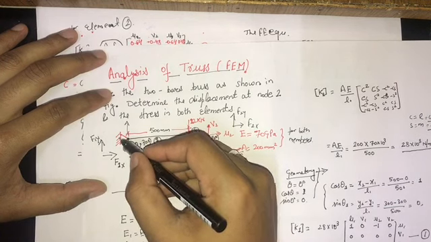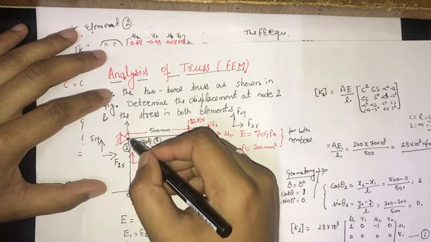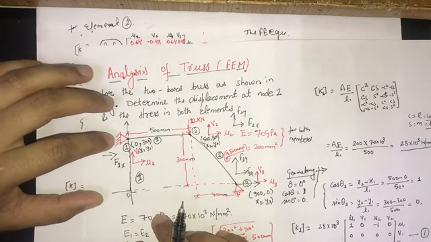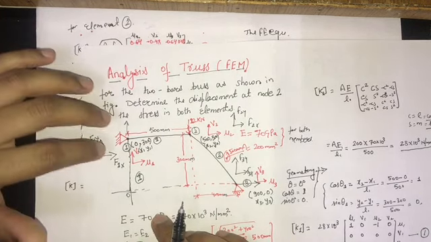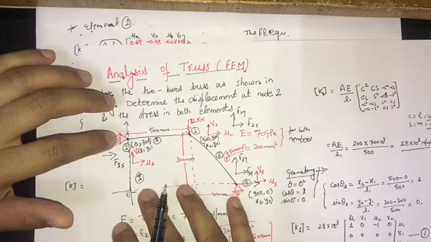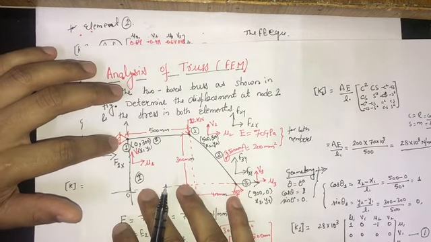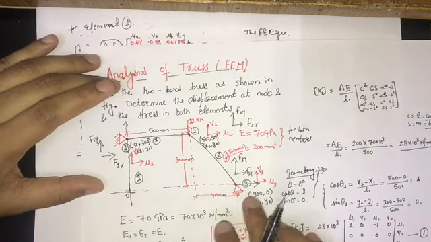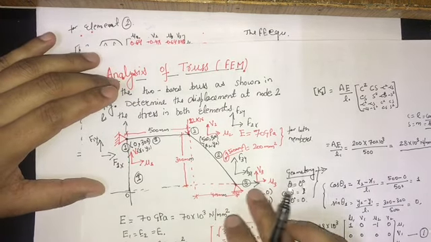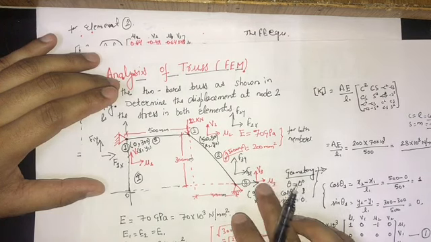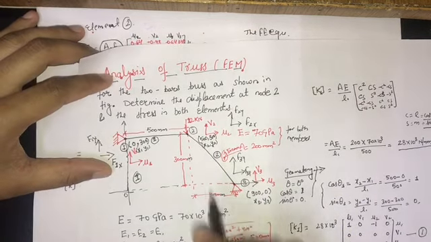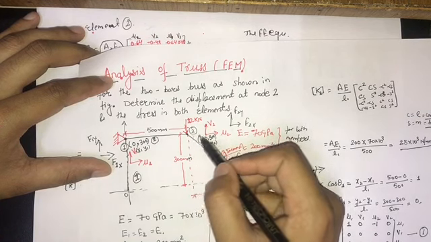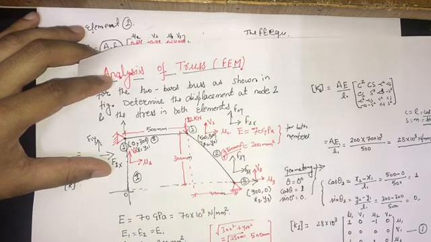If it is a roller support, then there is some vertical displacement, because a roller can slide in the vertical but not in the horizontal. So that will be the concept here. So here U1, V1 is 0. At the other node 3 it is also a hinged support, so there U3, V3 is again 0. But at node 2 it is free, so here U2 and V2 will have values.